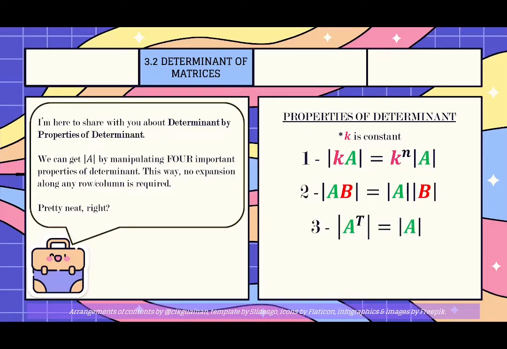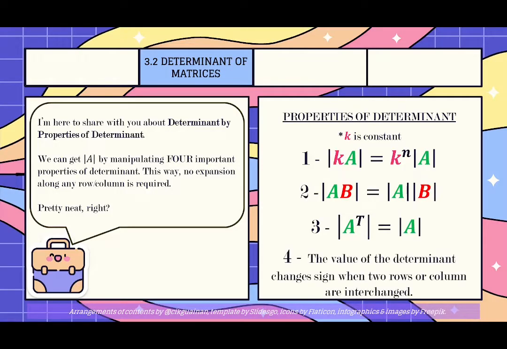The third property is the determinant of a transpose is equal to the determinant of the matrix. And last but not least, the value of the determinant changes sign when two rows or two columns are interchanged.